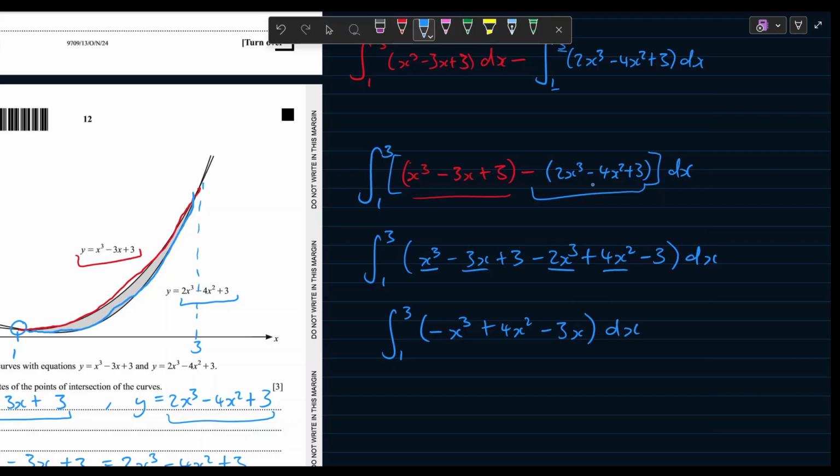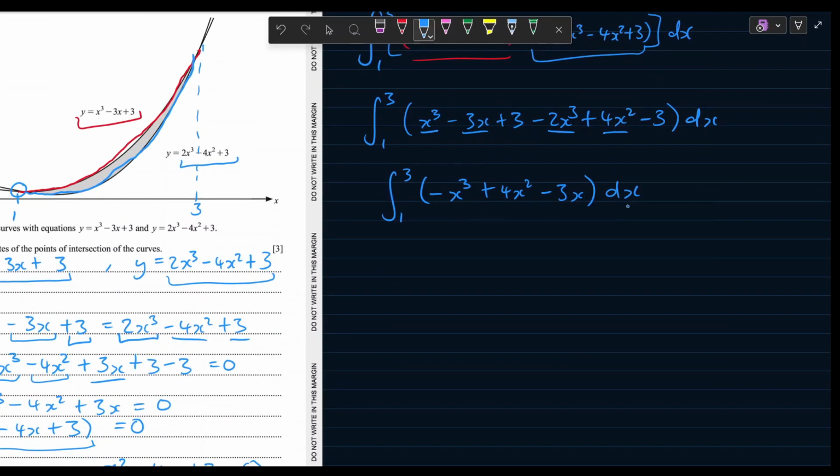Now if we integrate, negative x cubed becomes negative x to the 4 over 4, plus 4x cubed over 3, minus 3x squared over 2. Our limits are from 1 to 3. And now we can go ahead and substitute in our limits.